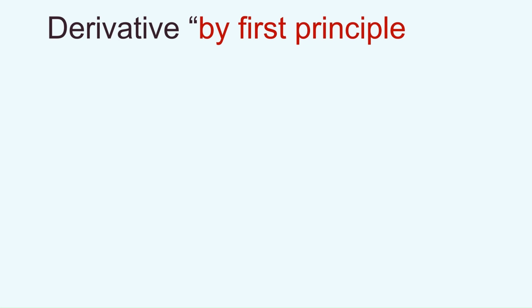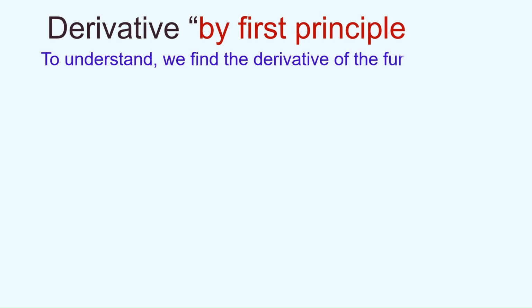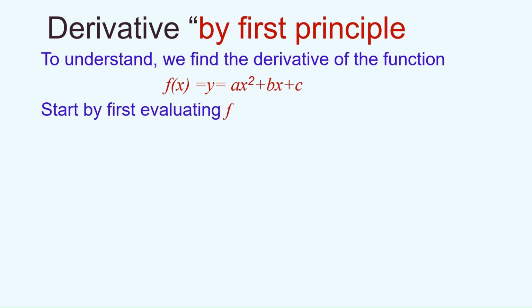Derivative by first principle. To understand, we find the derivative of the function f(x) = y = ax squared + bx + c. Start by first evaluating f(x + h) - f(x).